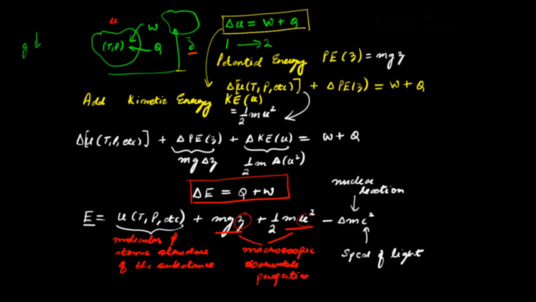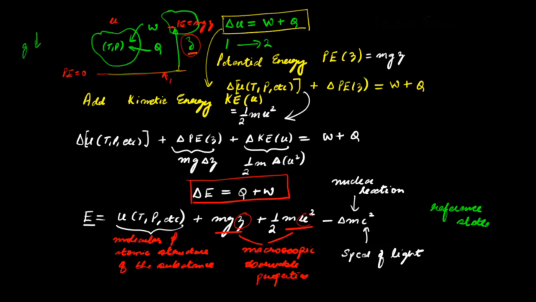And to assign values to internal energy, kinetic energy and potential energy, we need some reference states. For example, over here, if you want to calculate the potential energy, then you can arbitrarily take this elevation and say that your potential energy is 0 over here, and then your potential energy over here at this elevation z would be mgz.